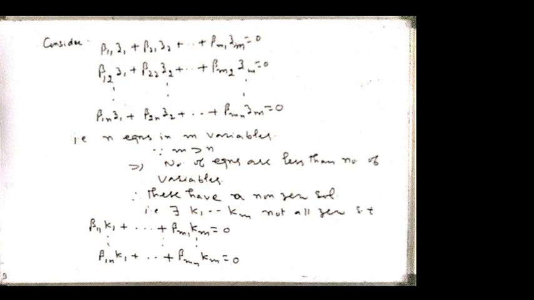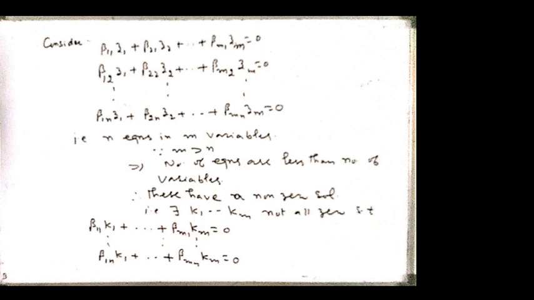Next, consider equations beta 1 1 z1 plus beta 2 1 z2 and so on plus beta m1 zm equals 0, beta 1 2 z1 plus beta 2 2 z2 and so on beta m2 zm equals 0, and so on, beta 1 n z1 plus beta 2 n z2 and so on beta mn zm equals 0.